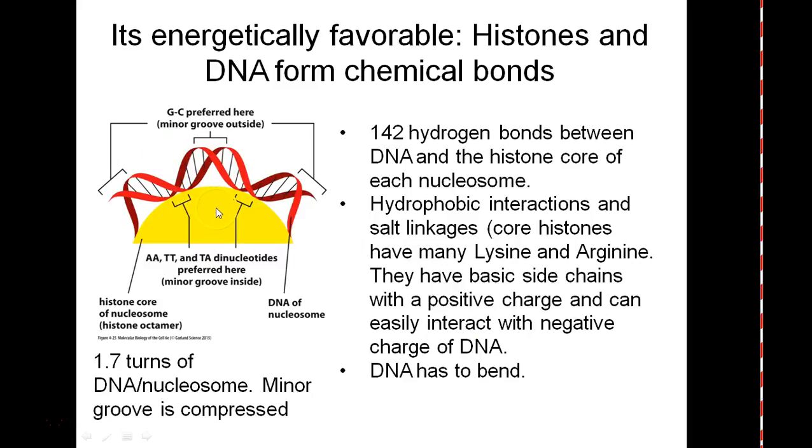This interaction between the DNA and the histone core is very tight, because all of those hydrogen bonds, even though they are weak bonds, if you have so many of them, the final outcome is that the DNA is tightly wrapped around the histone core. So it doesn't fall off very easily.